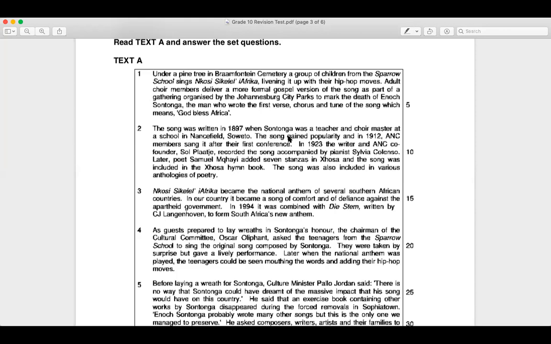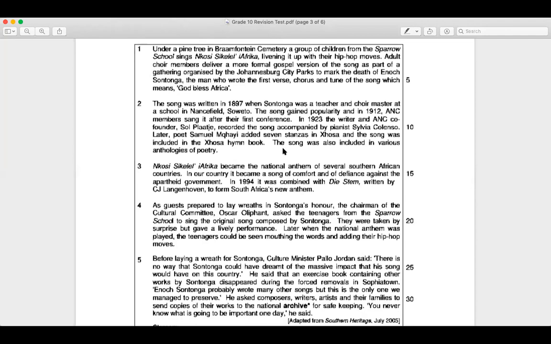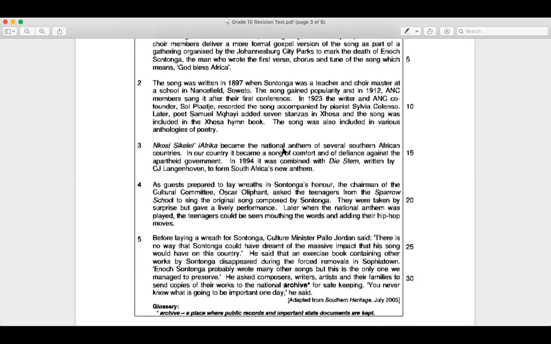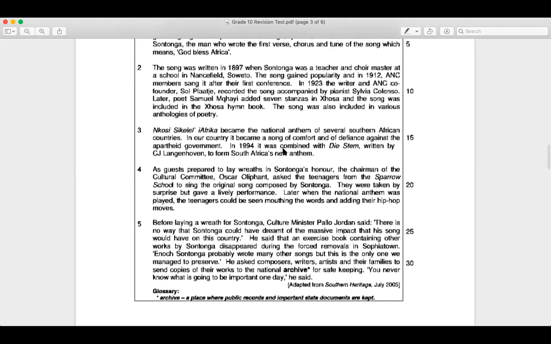The song was written in 1897 when Sontonga was a teacher and choir master at a school in Mansfield, Soweto. The song gained popularity, and in 1912, ANC members sang it after their first conference. In 1923, the writer and ANC co-founder Saul Plaatje recorded the song accompanied by pianist Sylvia Colenso.